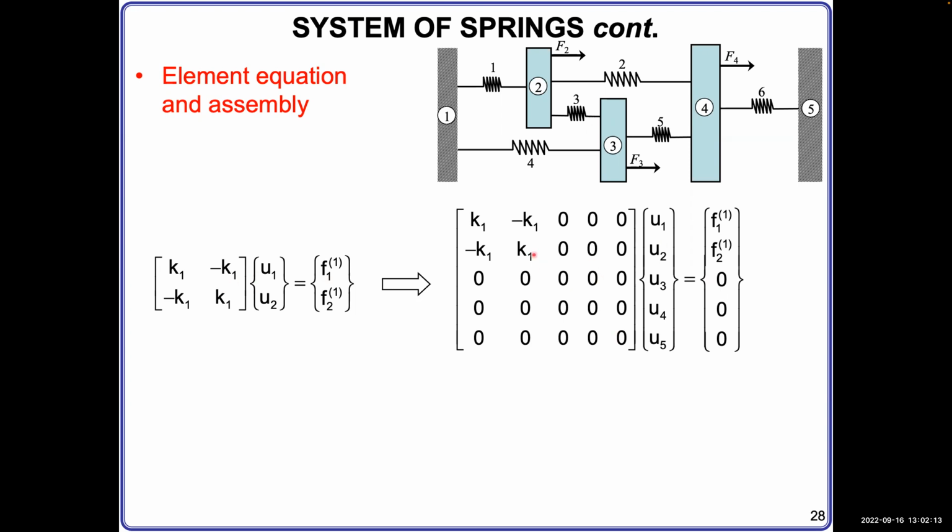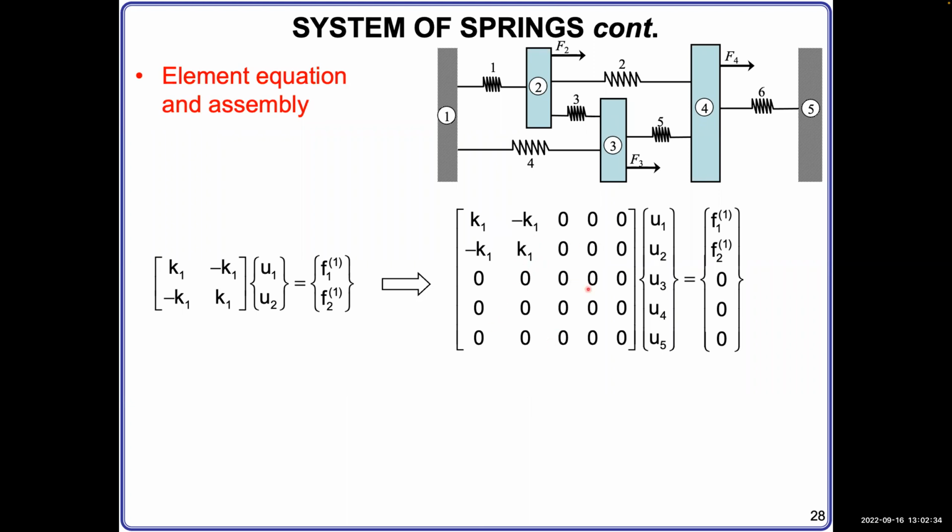This bigger one, on the right-hand side, has a stiffness matrix. This matrix is 5 by 5 because we have 5 nodes. It's not because we have 6 springs; the 6 springs will be added into this 5 by 5 matrix.